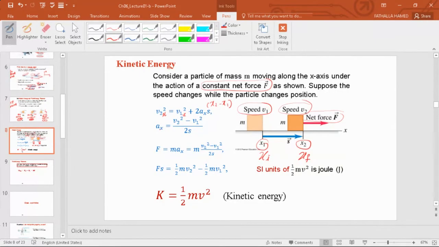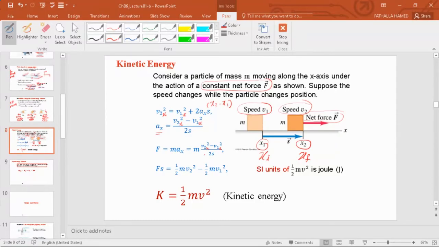So out of this, now I can define my ax will be v2x squared minus v1x squared over 2s, which is the displacement. Now you know that the net force is going to equal max, and ax is equal to v2x squared minus v1x squared over 2s.